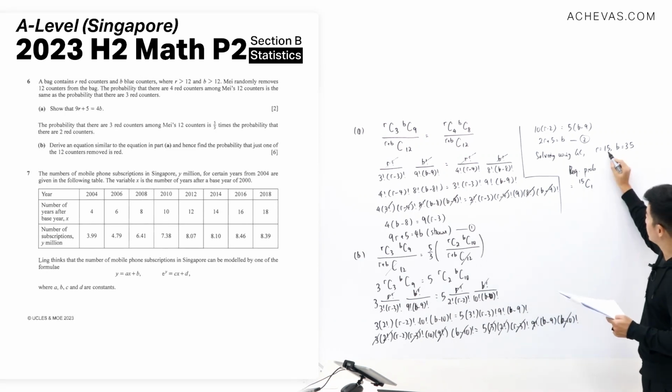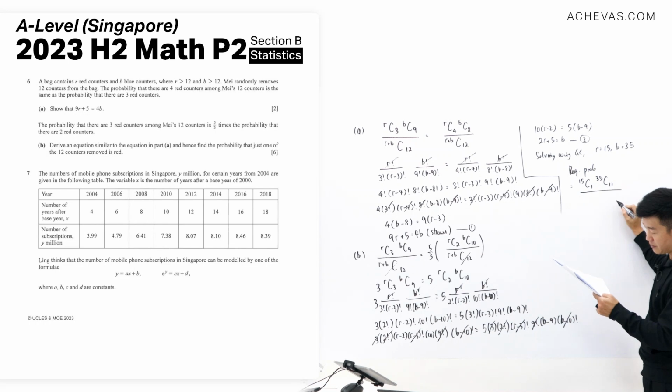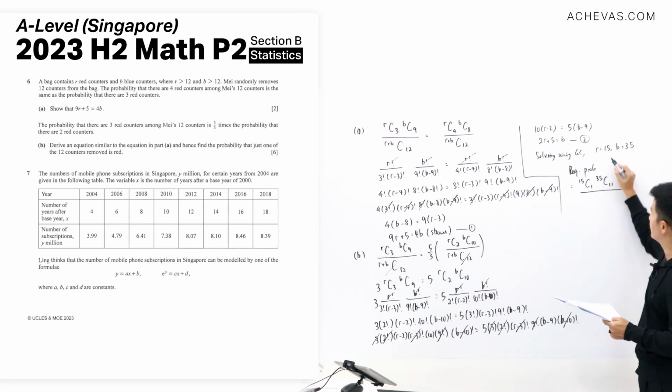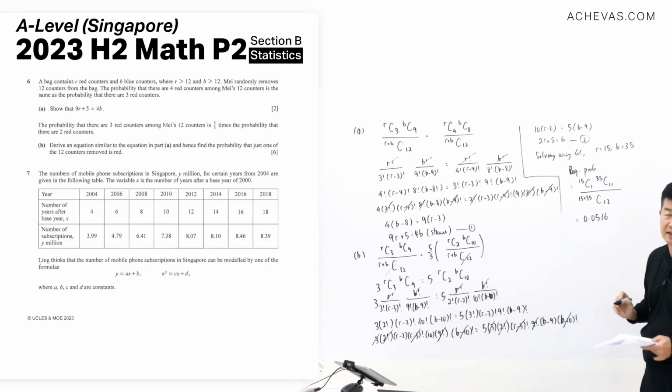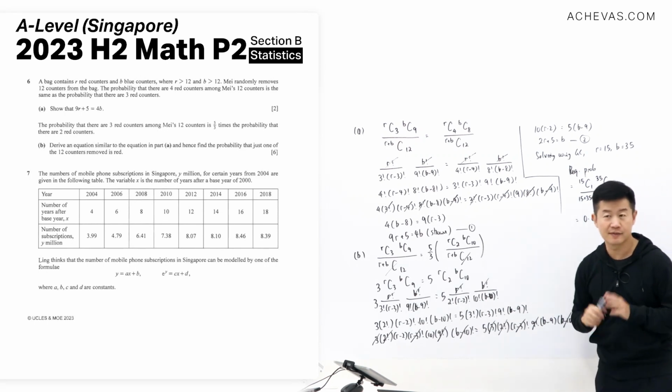So red counters, choose 1. And for the blue counters, we will choose 11. Divided by the total, which will be 15 plus 35, choose 12. Pressing this into the calculator, the probability here is 0.0516. Okay, this is for question number 6.